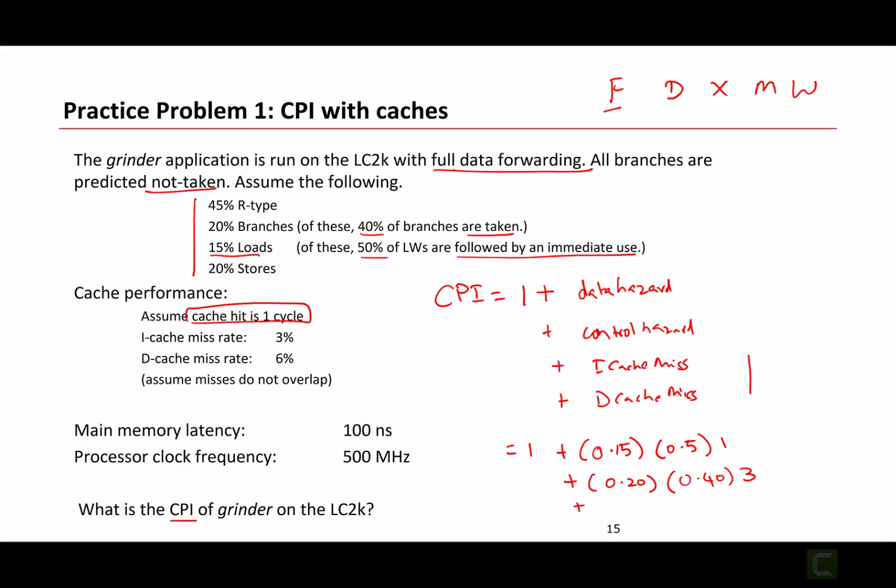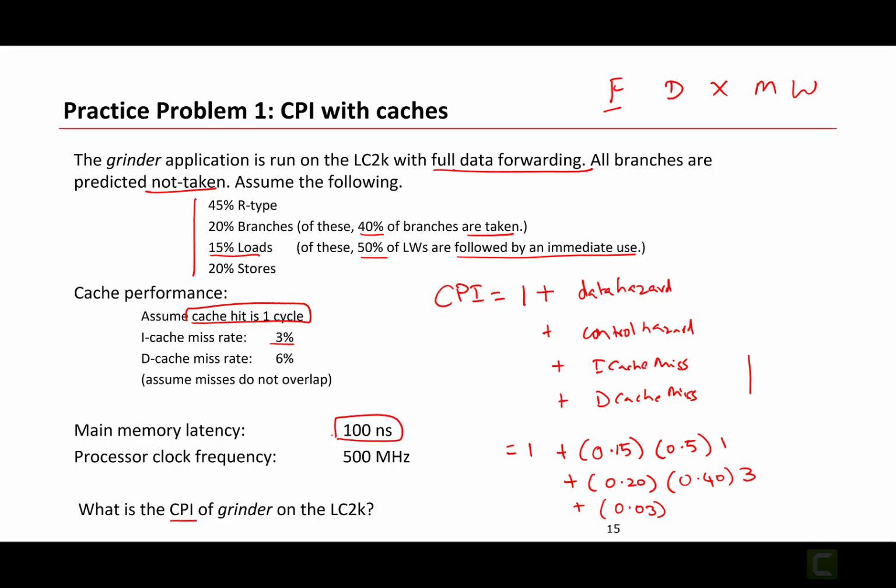So the fetch can finish in 1 cycle, and there is no need to add any additional penalty. But 3% of the time, you may have an instruction cache miss, and when that happens, you have to go to the main memory. So 3% of the time, that is 0.03 times, I would have to go to the main memory, and if I do, I have to incur this latency.